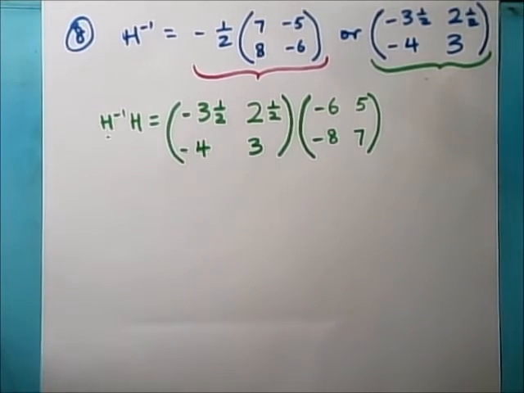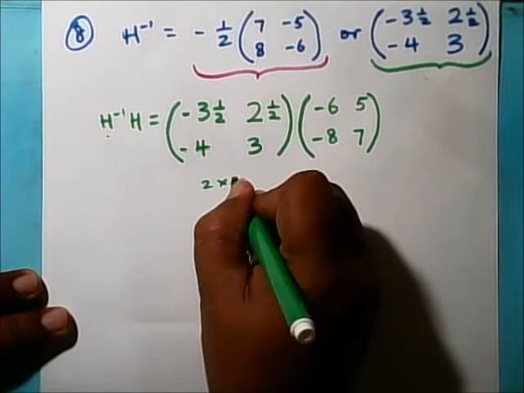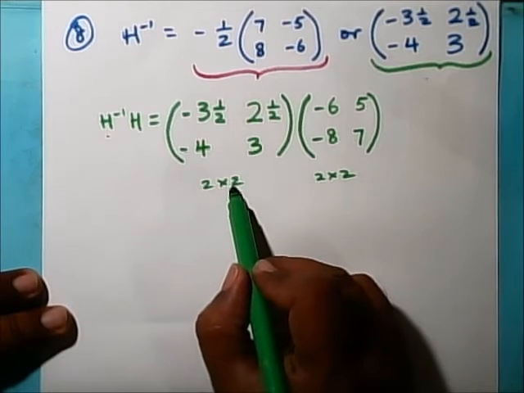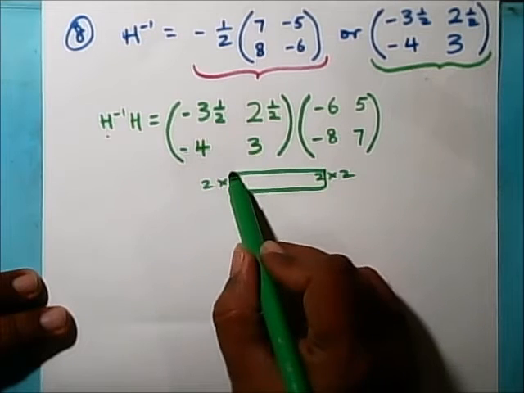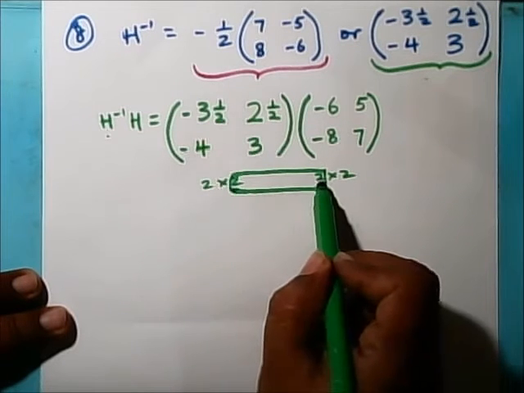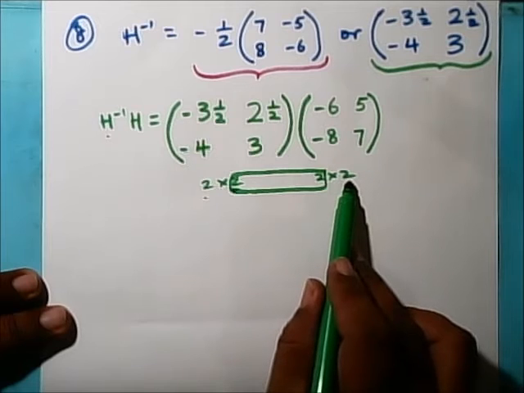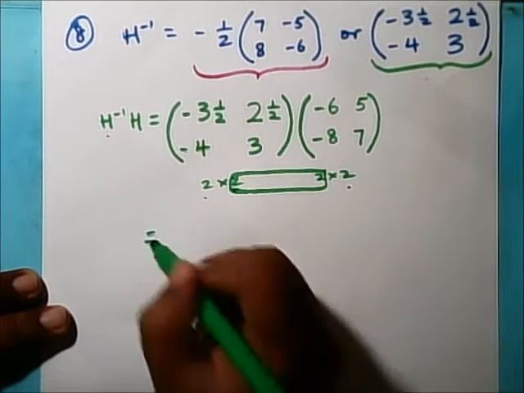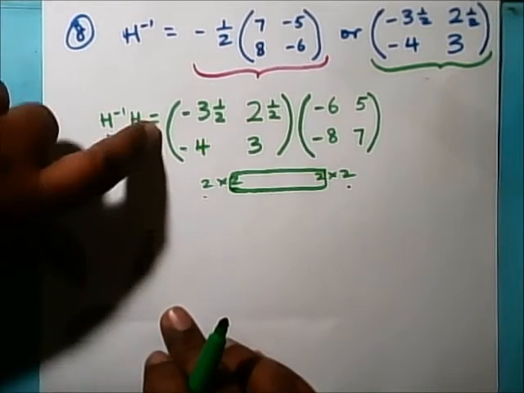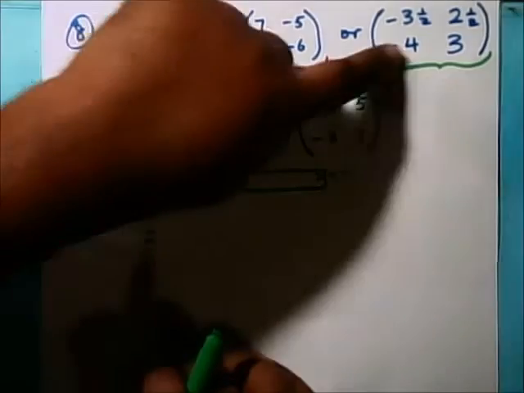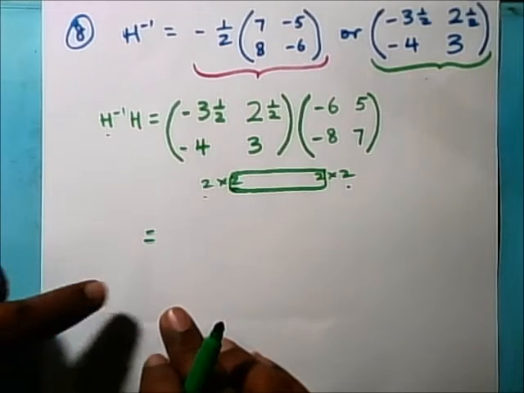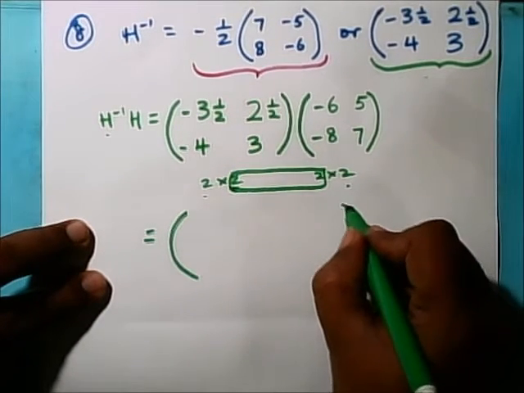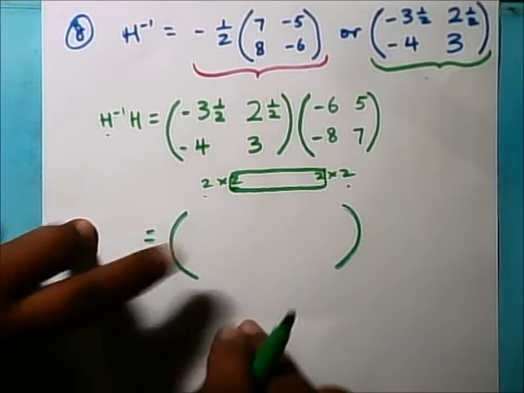We have a 2 by 2 matrix and a 2 by 2 matrix. As long as these two numbers are the same, we eliminate them, and our answer will be a 2 by 2 matrix. You notice we have no negative half outside anymore. So our answer is going to be a 2 by 2 matrix, 4 numbers.